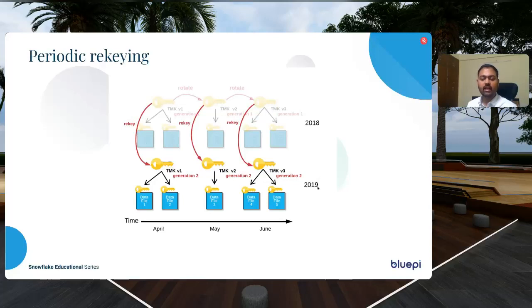In the next year, 2019, the same data will get decrypted using table master key v1 and encrypted using another version, table master key v1 generation 2. Now there will be a new key with which the data has been encrypted, and in the same way it will get processed in May and July.